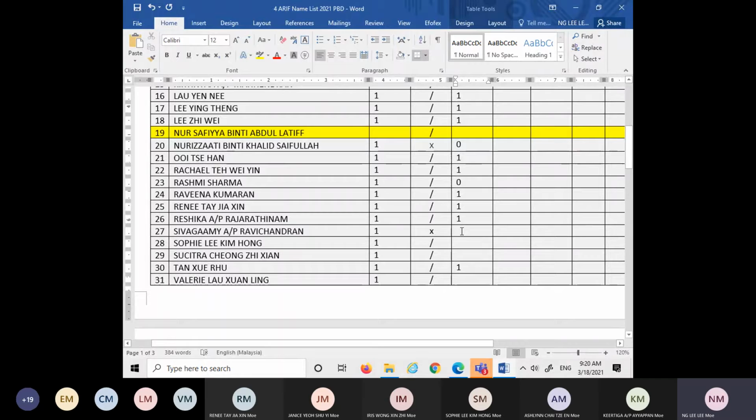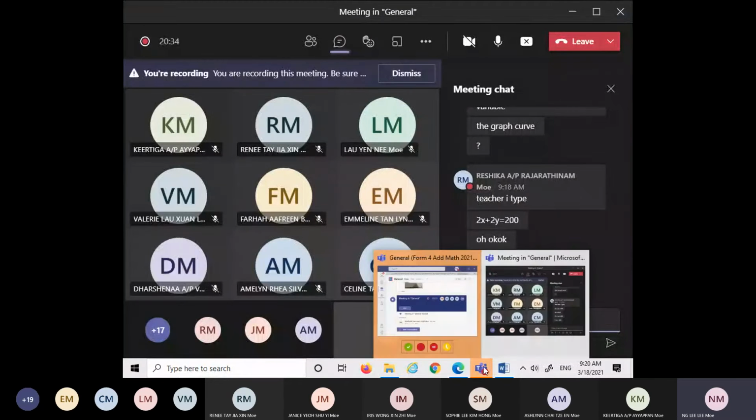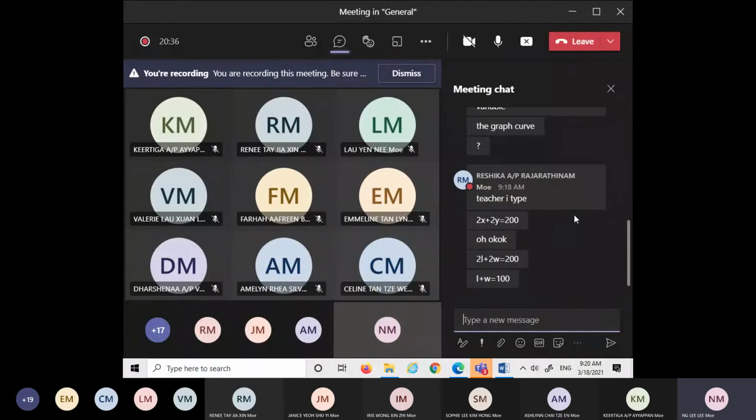Next girl, Siwagami. Can you help me with area is equal to 2,400?